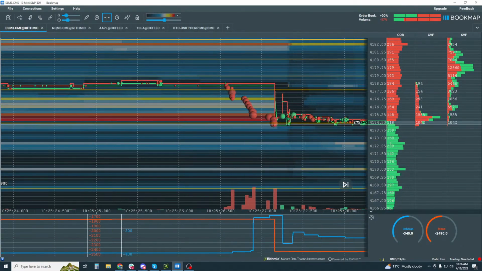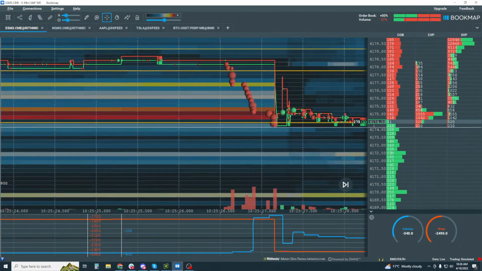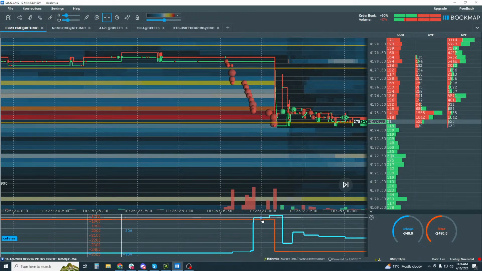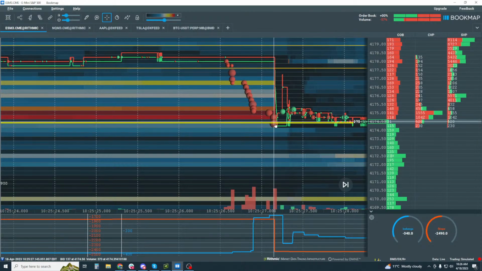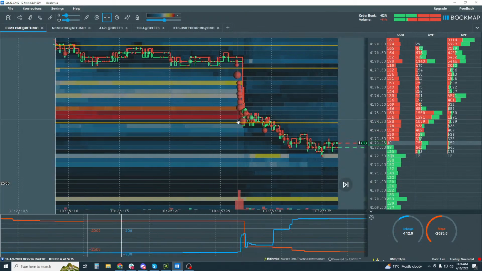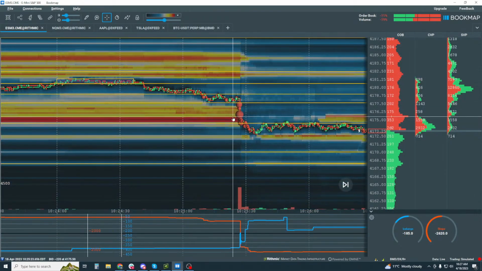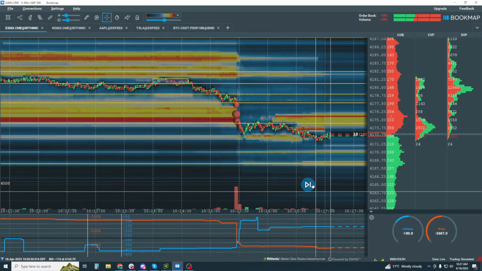That's a big sweep there, and a pretty decent stop run too. Somewhere around 700, 800 stops, cleaning the overnight low. Any of the longs here are stopped out.